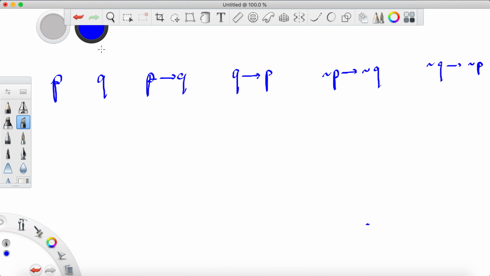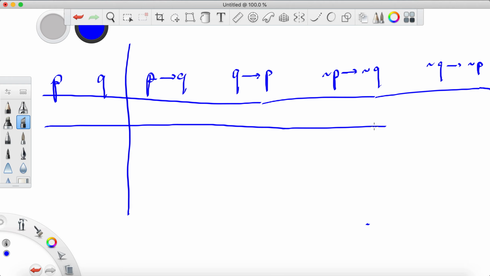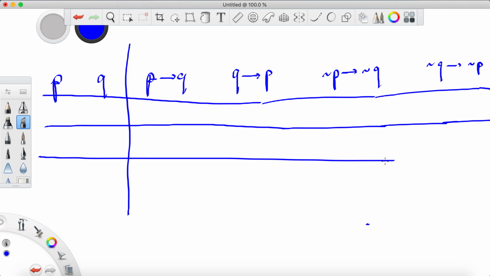Okay, so P and Q, these are the atoms. And as usual, there can be 4 rows, right?